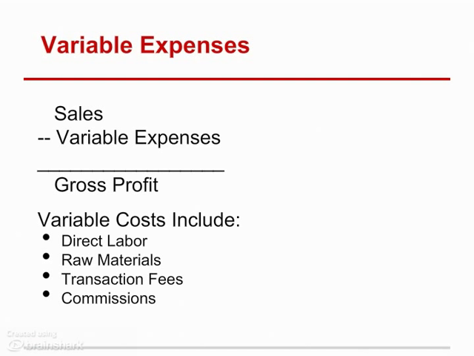For example, if you don't make a sale, you won't have to buy raw materials to build a product that you don't have a sales order for. You won't have to pay workers to fulfill the sales order if there is no order. Variable expenses are the costs you can avoid if you don't sell a product or service.